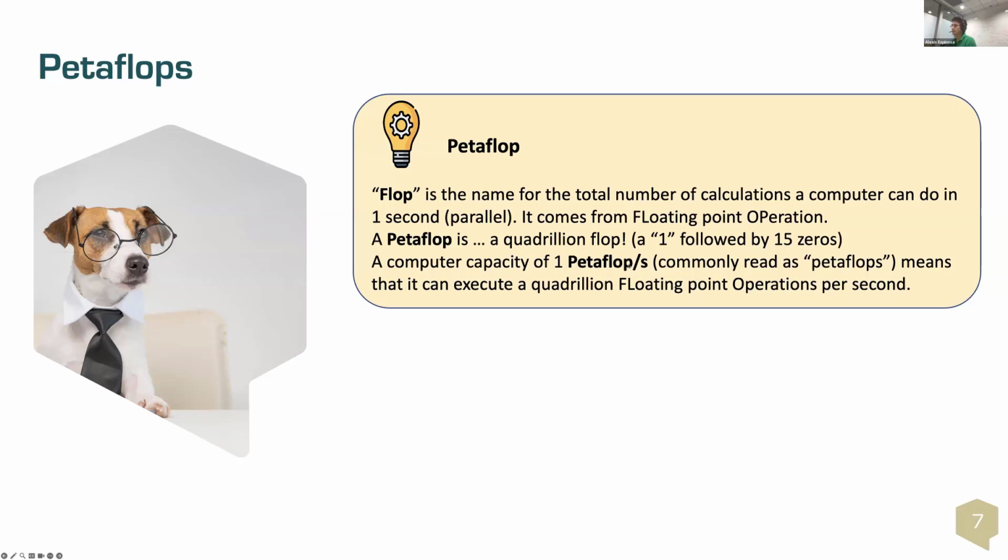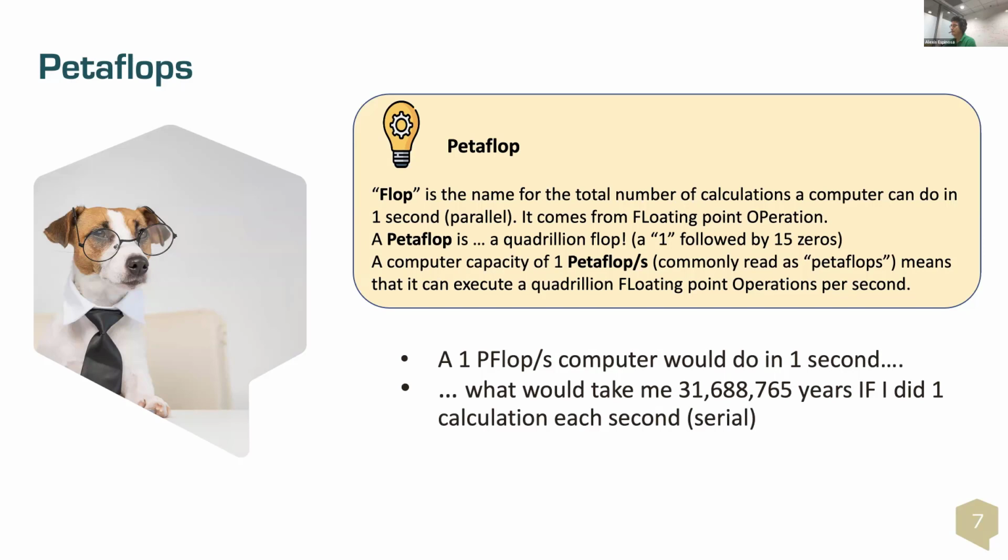And when we are talking of flops, rather than using a plural, it is more a petaflop per second. That's what is commonly read as petaflops. It's these quadrillion operations in a second. So it's really impressive still these days.